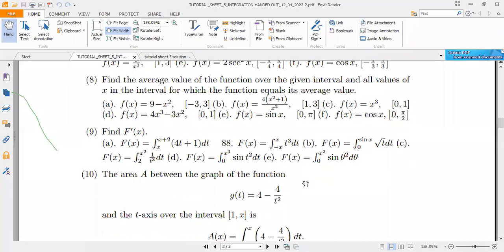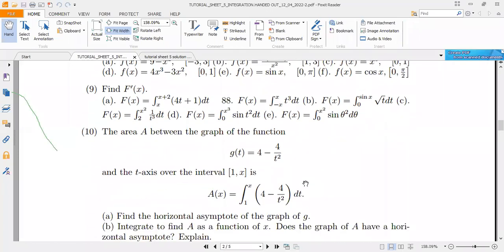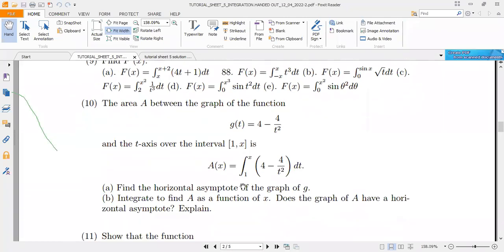So now we're going to this one, question 10. The area A between the graph of this function and the x-axis over the interval 1 to x is given by this expression here. Then the question is to find the horizontal asymptote of the graph of t.